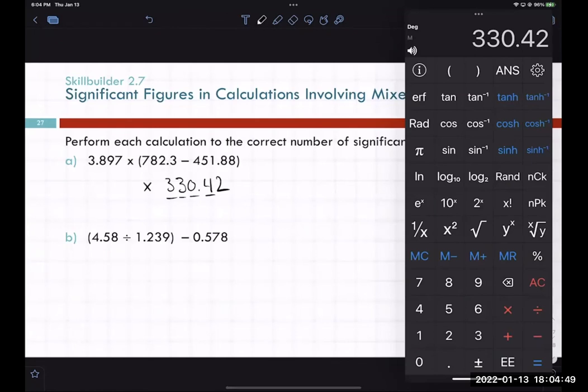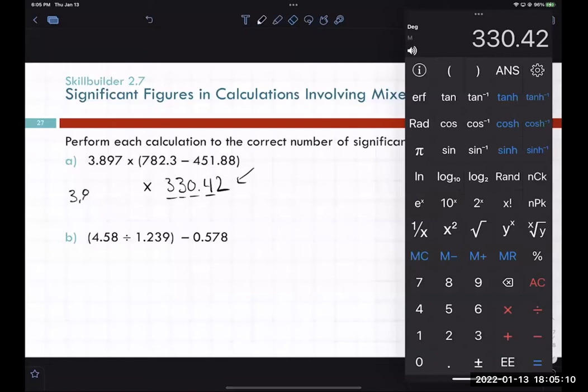Because then in our next step, we're going to do this. And now we need to know how many sig figs we're keeping. I should really rework this so that it's got more in that first number, but let's just retcon this a little bit.